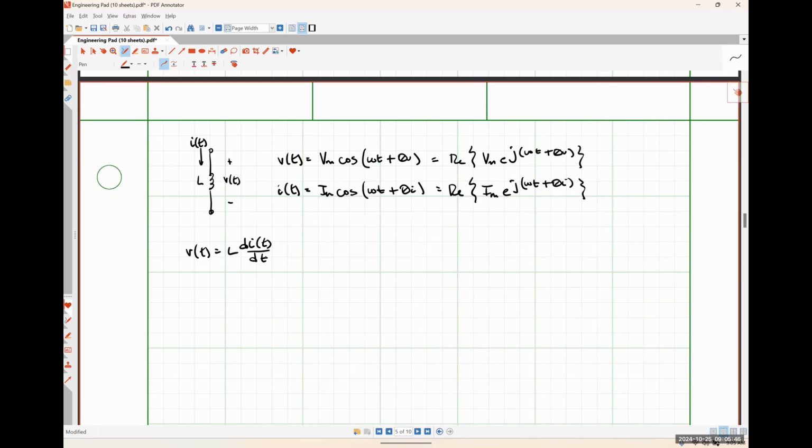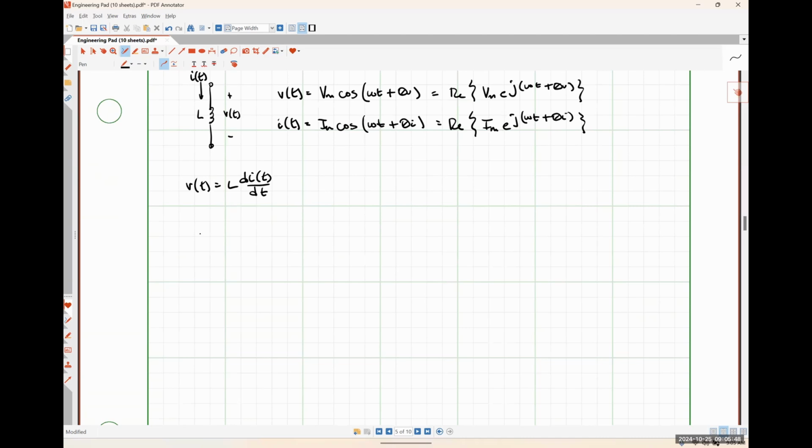So we're just going to substitute that in. On the left-hand side, we will have Vm e to the j omega t plus theta v equal to L times the derivative with respect to time of Im e to the j omega t plus theta I.